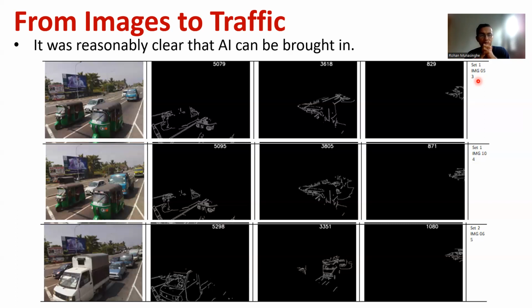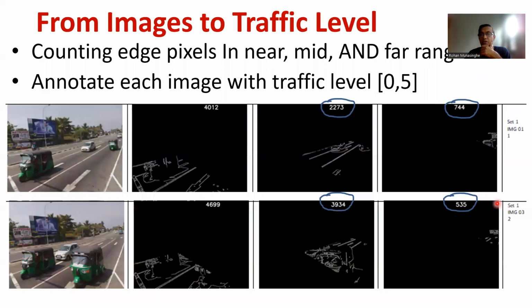So take each and every image and annotate it. This is number 4. You can see this is a little higher traffic, so I give it number 4. And this is kind of a jam, nearly a jam, so number 5.